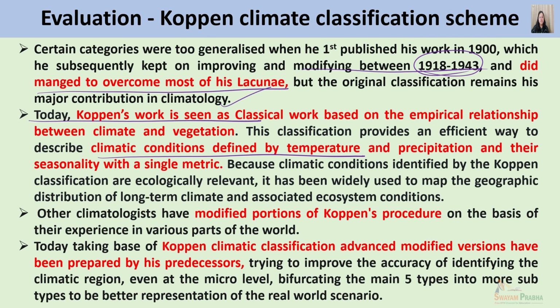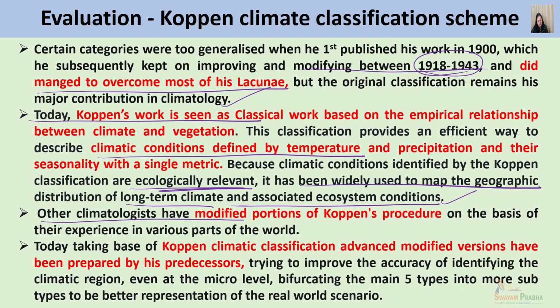And because climatic conditions identified by the Koppen classification are ecologically relevant, it has been widely used to map the geographical distribution of long-term climate and associated ecosystem conditions also. So there has been wider application of Koppen's climatic scheme today after so many years since it was initially presented.